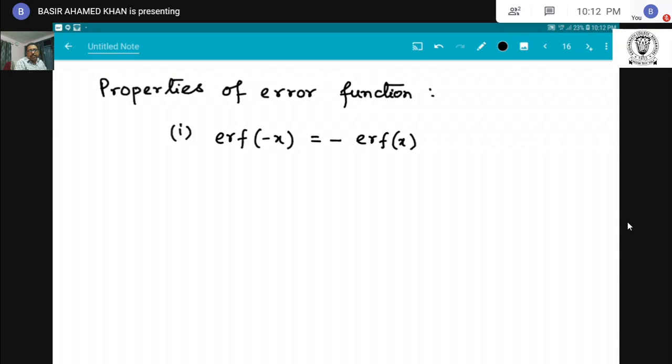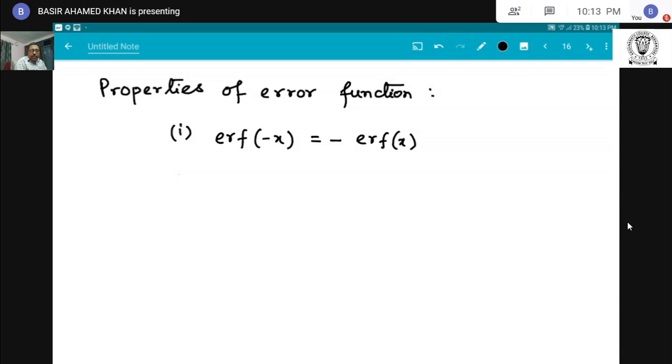It is very easy to show this property. You have to just put the value of x as minus x, and you will get this result.